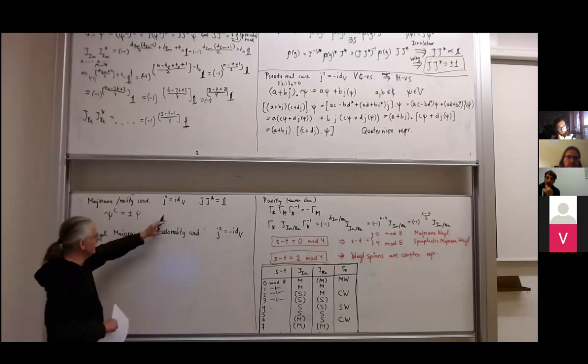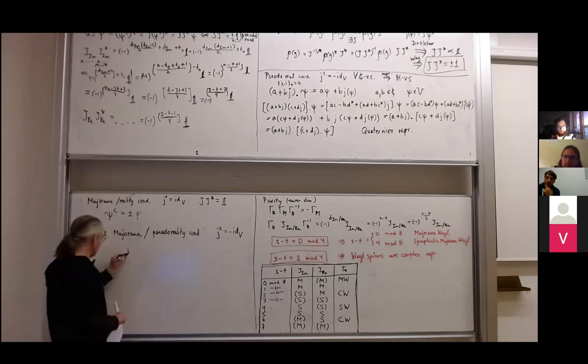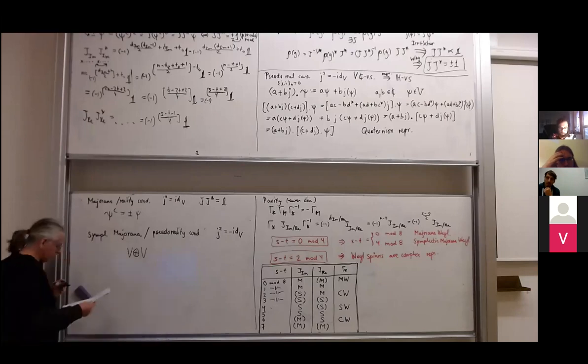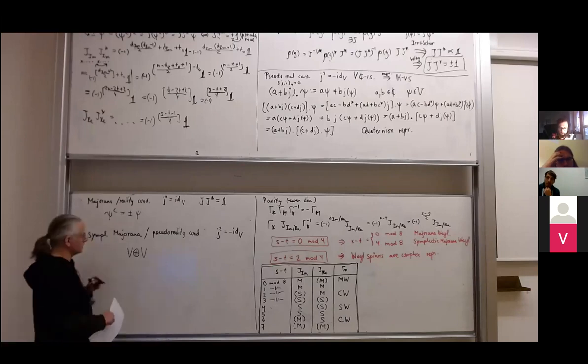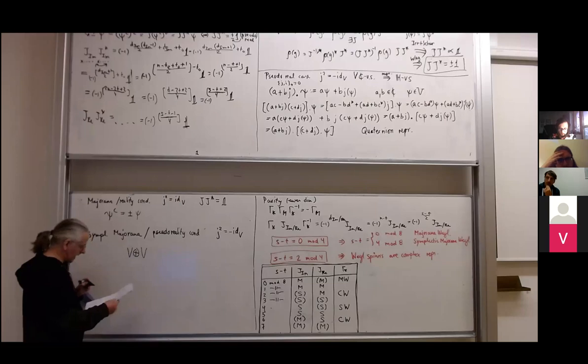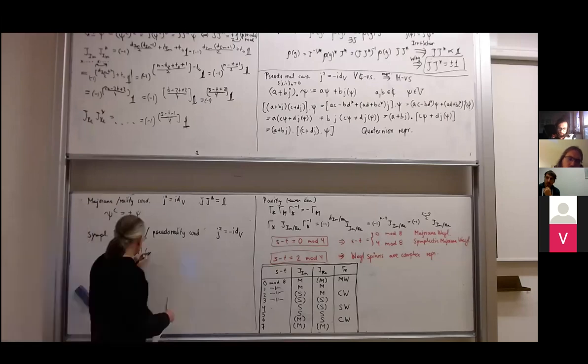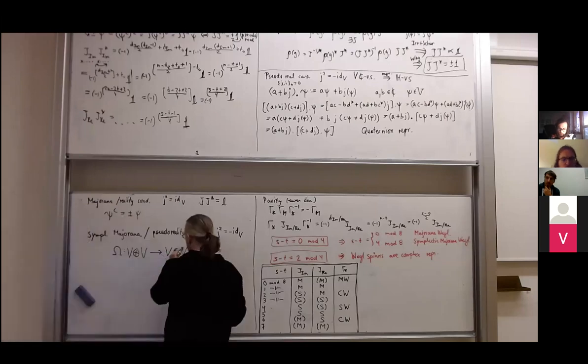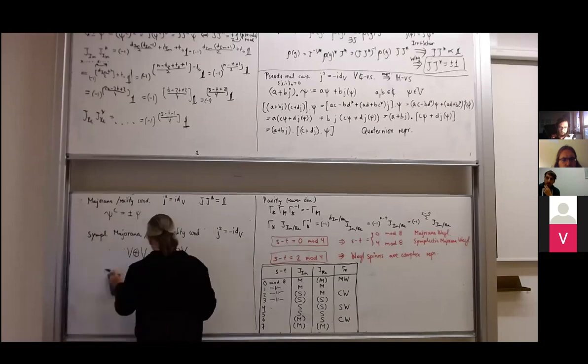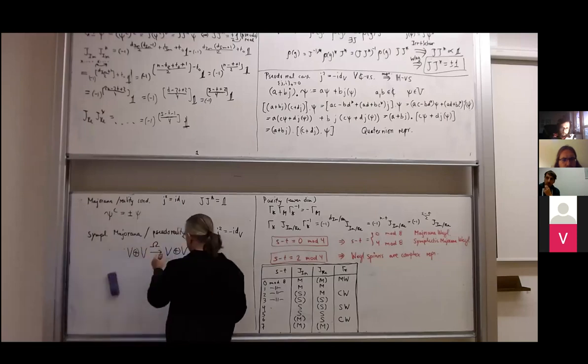So if we consider a double copy of V, so V plus V, then we can construct artificially another pseudo involution on that double cover. Let's call that omega. So omega goes from V plus V to V plus V, and we want omega to square to -1 as well.